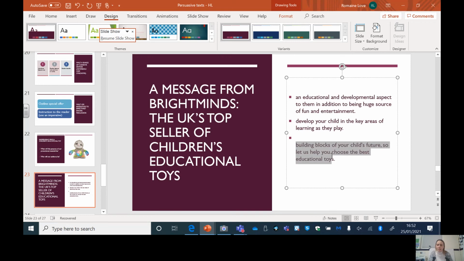And they say, let us help you choose the best educational toys. So any product designer who designs a toy, and we've got two jobs here because we're not just writing about a toy that's been designed, we're actually making up our own toy, needs to think about appealing to the shops, because the shops, first of all, have to buy the products off the designer before selling them to the customers.